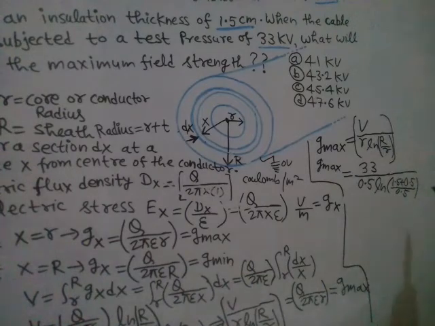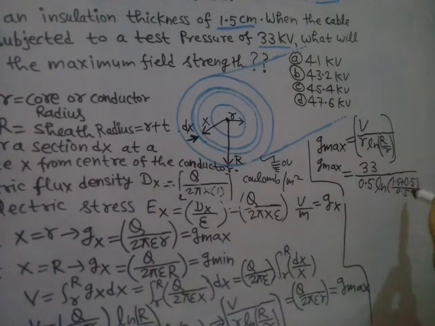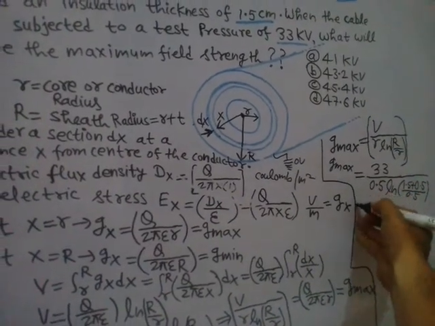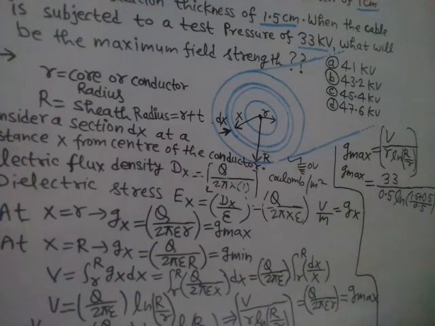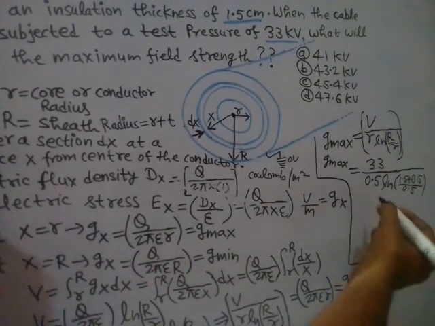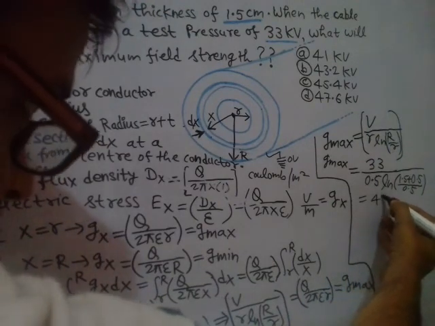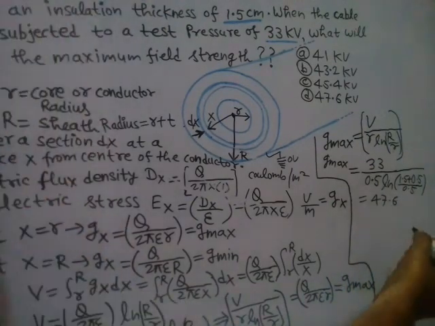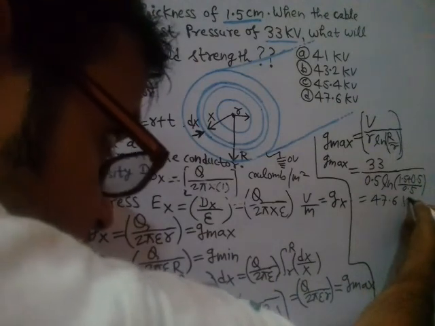Capital R is small r plus t, that is 1.5 plus 0.5, which is 2, and small r is 0.5. So ln 2 by 0.5, that is ln 4. So when you solve this, you will definitely get 47.6 kilovolts.